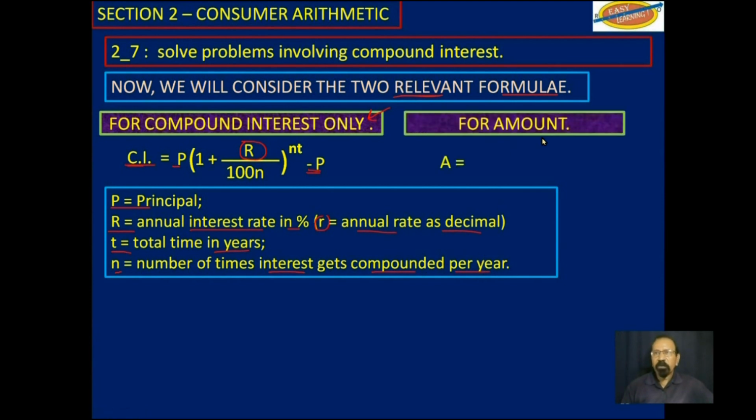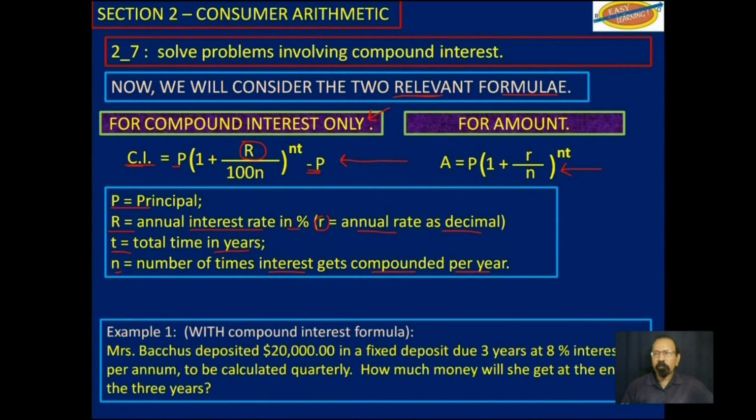For amount, remember, amount is the interest plus the principal. P multiplied by (1 plus lowercase r over n) to the power of n times t. Actually, as I said, that formula for compound interest is a variation of this one. And I will explain that as we go along.